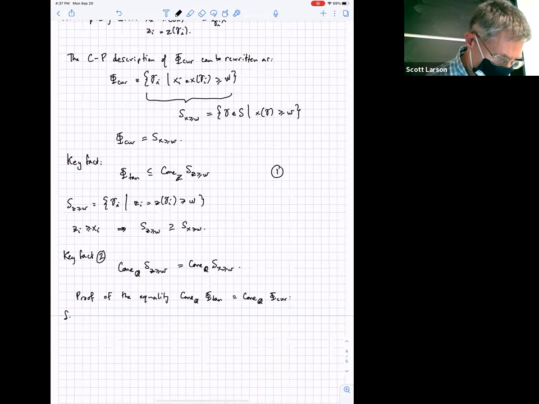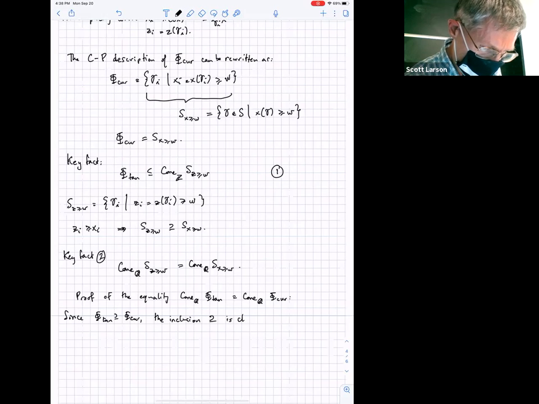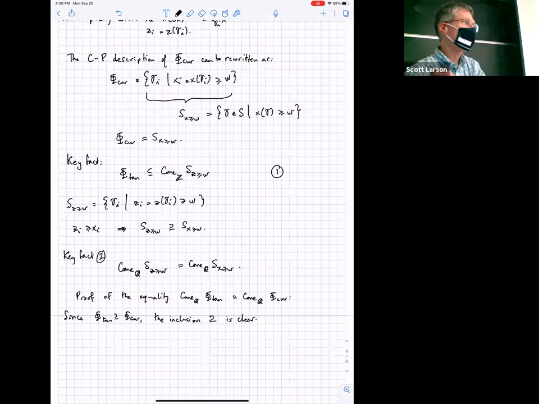Well, since the tangent weights are bigger than the curve weights, this inclusion is clear. The cone of the tangent weights is bigger than the cone of the curve weights because there are more tangent weights.